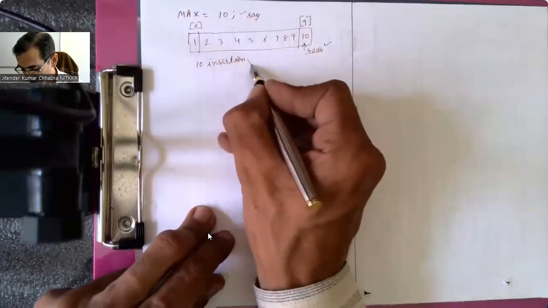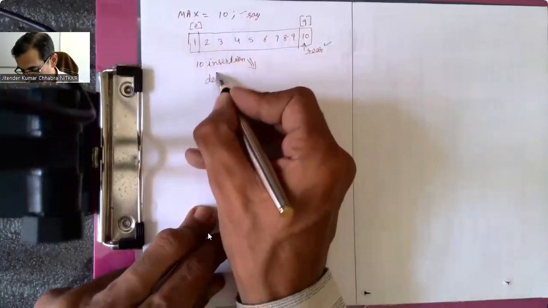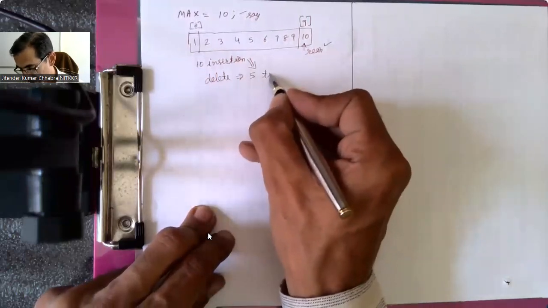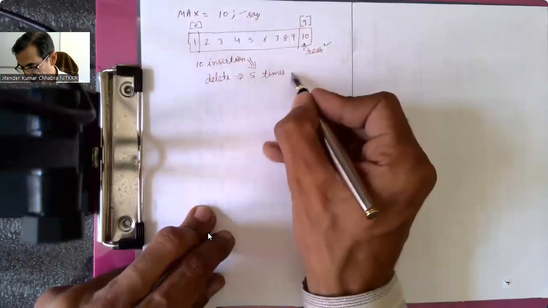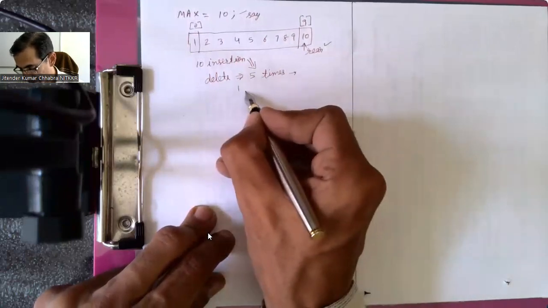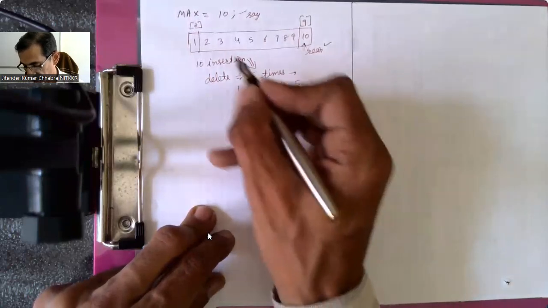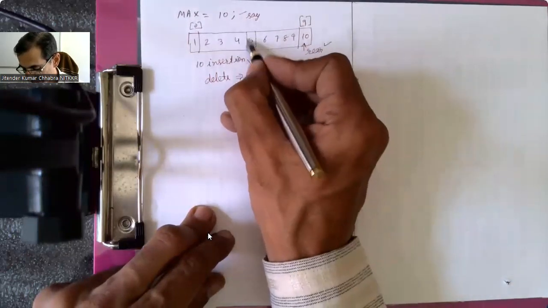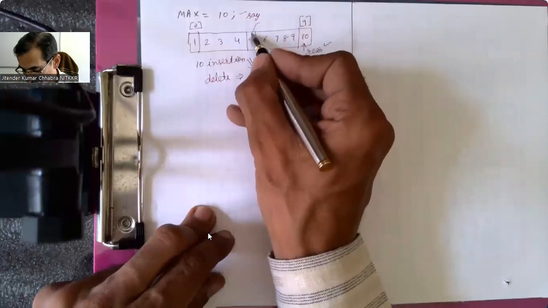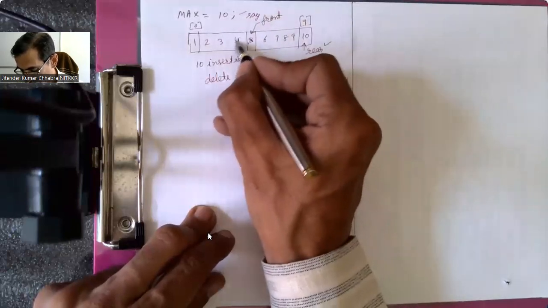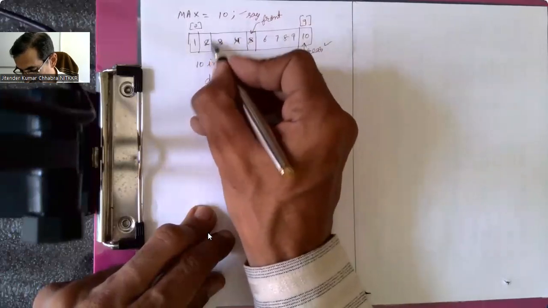Let's say after 10 insertions, I have deleted 5 times. Effectively it means first 1 got deleted, then 2, then 3, 4, 5 got deleted. All these are deleted. So my front has reached here. And all these locations are effectively free.